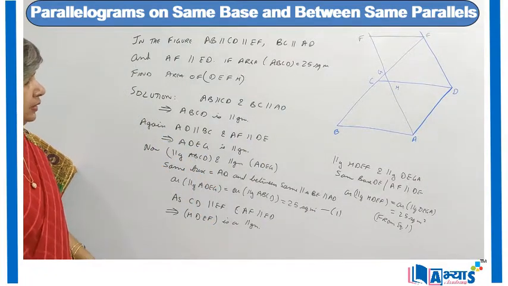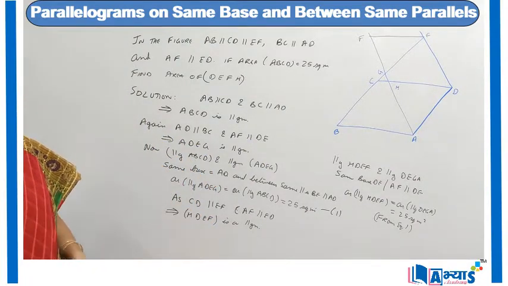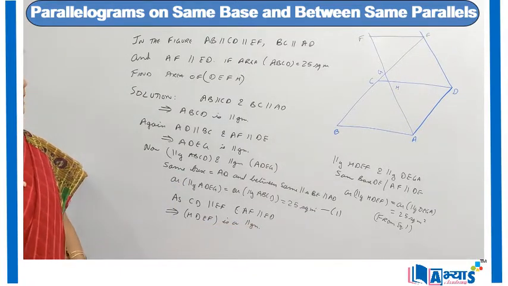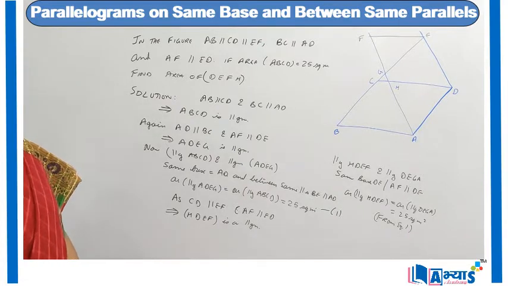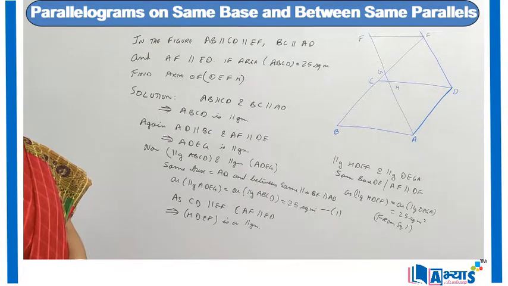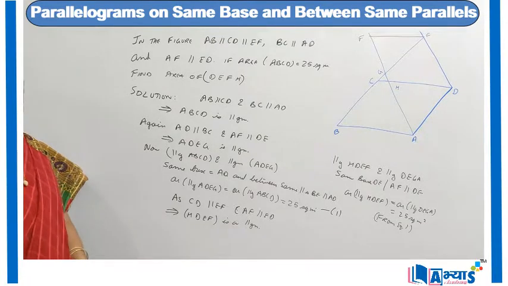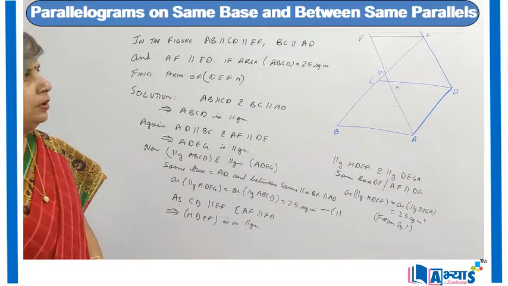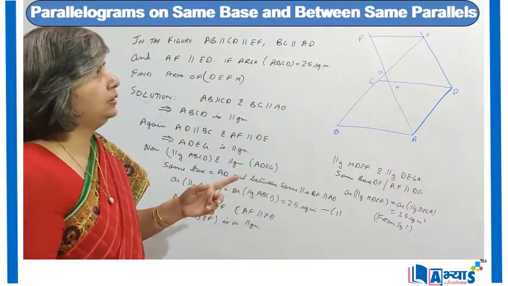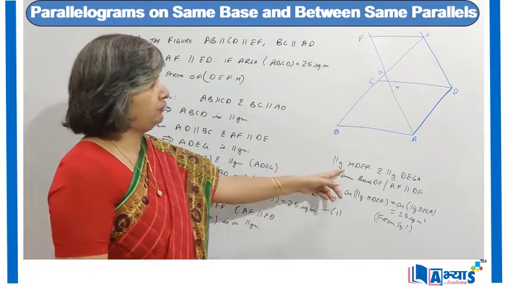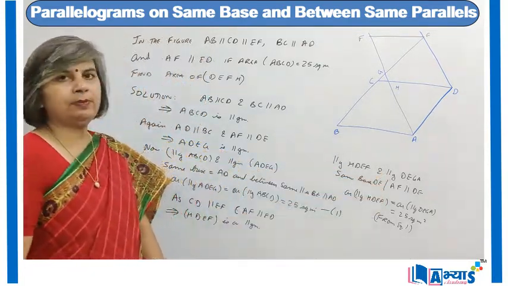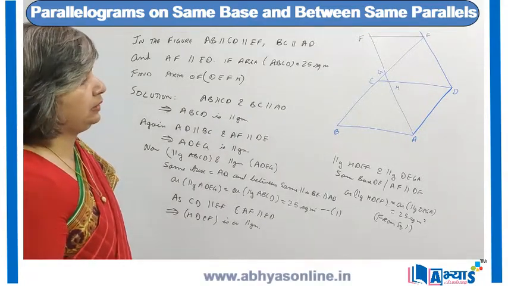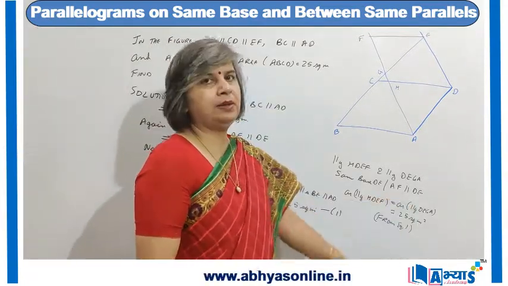Now in the second part, we know that CD is parallel to EF and AF is parallel to ED. As AF is parallel to ED, HF is also parallel to ED because the point H lies on AF. So we can say that HDEF is a parallelogram. HDEF is a parallelogram and DEGA is also a parallelogram. Both lie on the same base ED and between the same parallels, AF and DE.